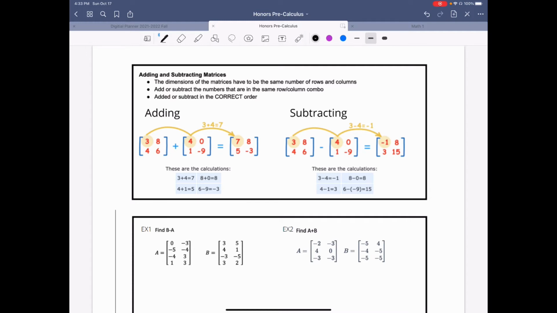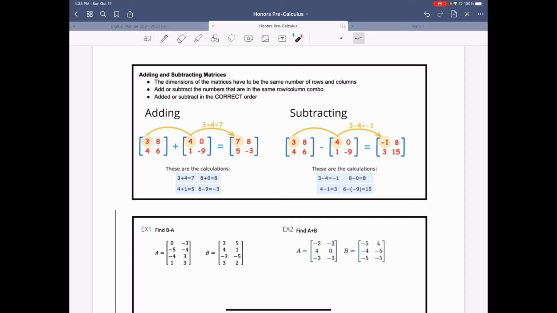Okay, so every dimension, when we do adding or subtracting, has to be the same. And then when we are actually doing our adding and subtracting, you do it based off the corresponding row and column. So when I'm looking at my example here, you can see this is row 1, column 1. So we're going to add that to row 1, column 1 of the second matrix. And that's going to give us 7, which gives us our new element.